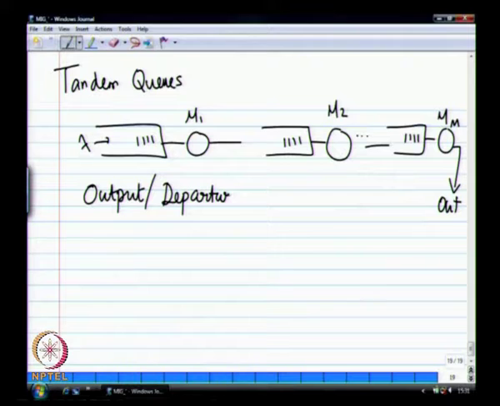So what is the departure process of a MM1 queue? Of course this queue has to be stable, otherwise not that interesting.